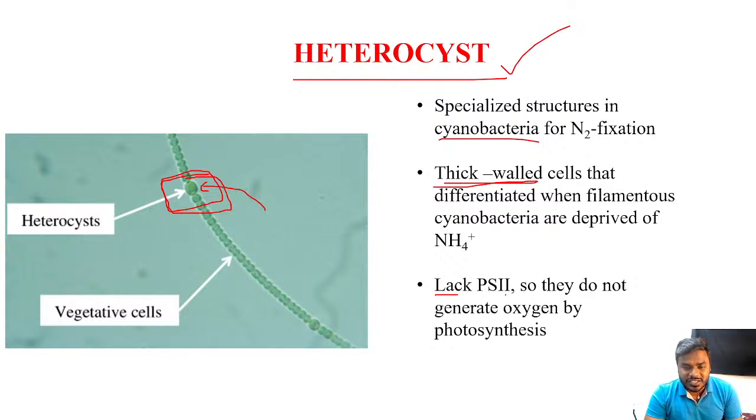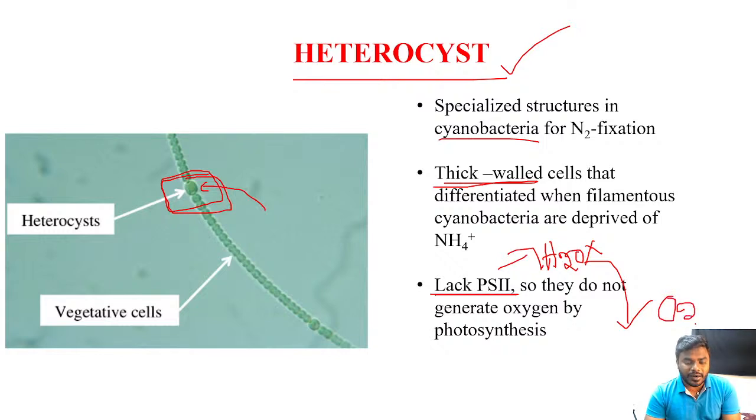The heterocyst lacks PS2. Now you can ask me, sir, what happens when there is a lack of photosystem 2? We already read that when there is a lack of photosystem 2, photolysis of water, that is the breakdown of water, never takes place. Friends, if the water breakdown never takes place, oxygen is not released at all.